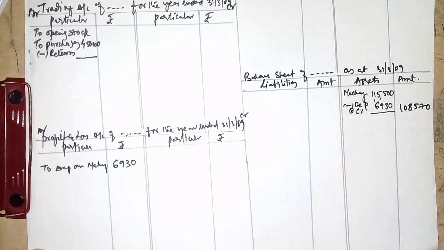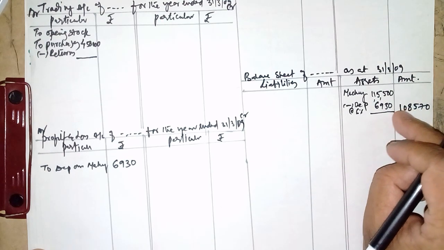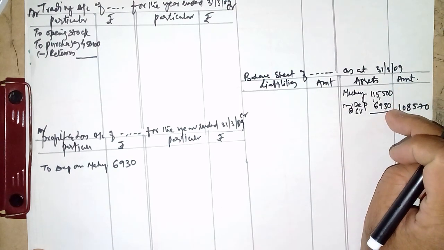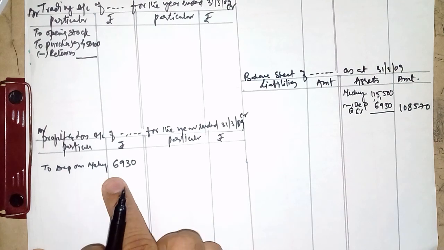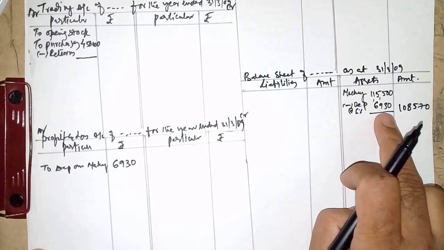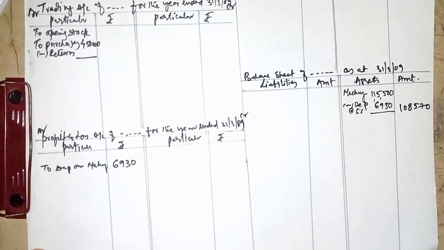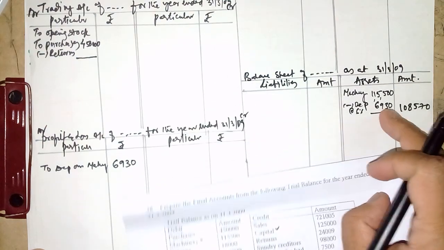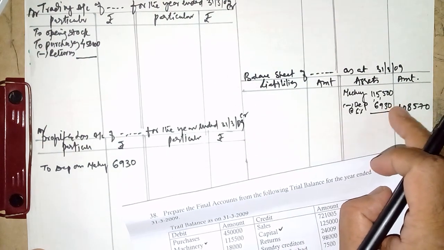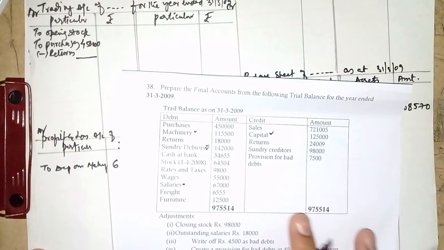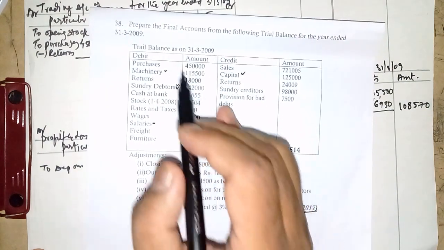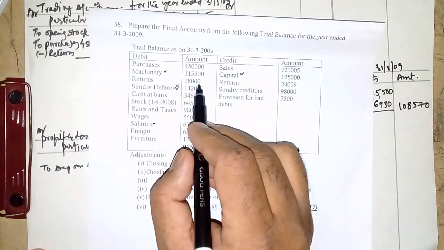So this is the way the double entry is completed: deduction from asset and shown as an expenditure, right? Here it is credited, here it is debited. Credited in the sense deduction from asset is crediting, not writing on the asset side, right? Please understand the concept.